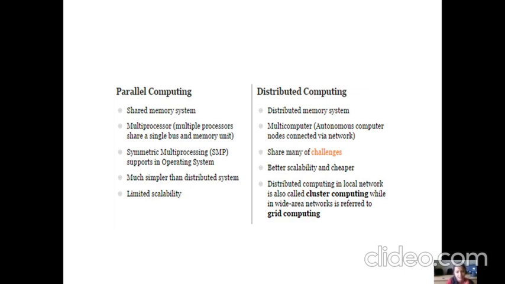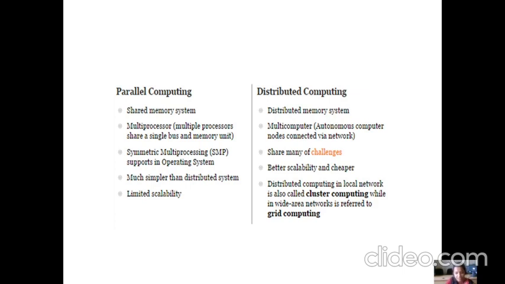Compared to parallel computing, distributed is quite complicated, whereas parallel computing is simpler. It has limited scalability. Distributed computing has better scalability and is cheaper as well compared to parallel computing.